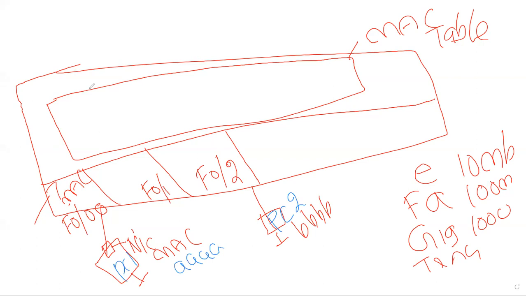Now in the MAC table of that switch, it will be written that port F0/1 is connected to the system with MAC address AAA, and port F0/2 has the system with MAC address BBB. It must have 12 hex digits, but for the sake of understanding, we're mentioning minimal digits.